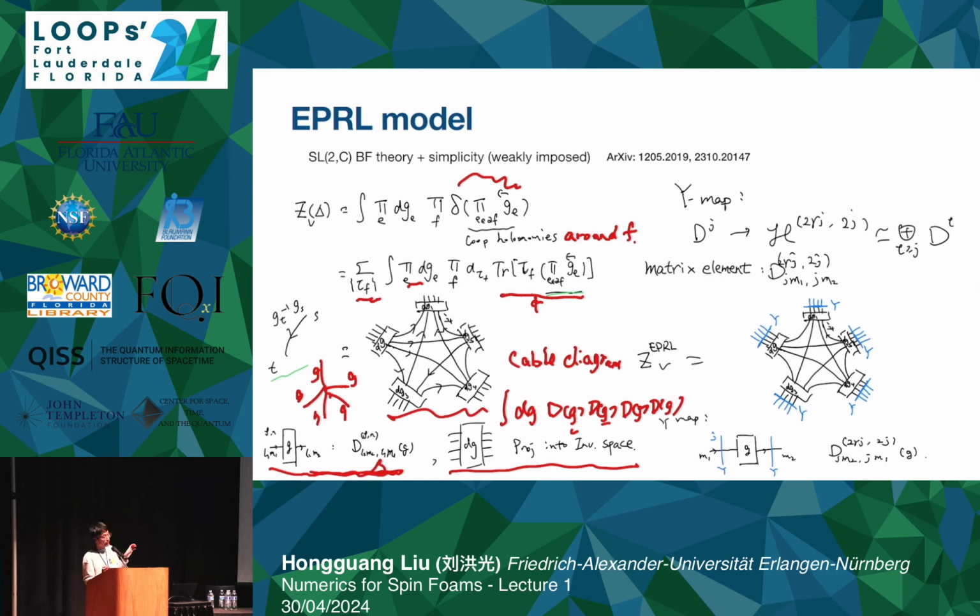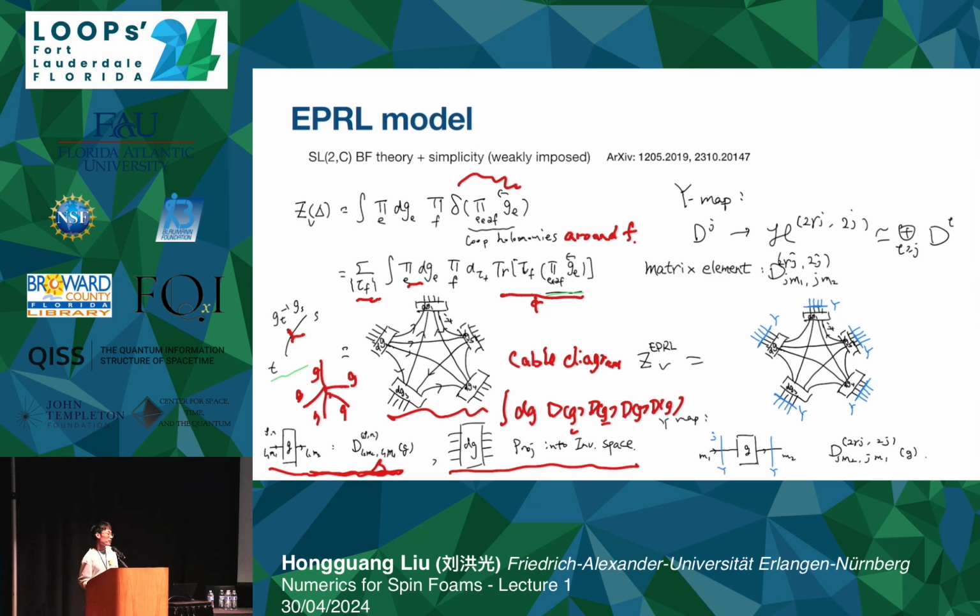And you know a matrix element has the bra and ket states. So the bra and ket states are labeled by this arrow, which goes from source to target. So this is a colored edge. It's not a plain edge.